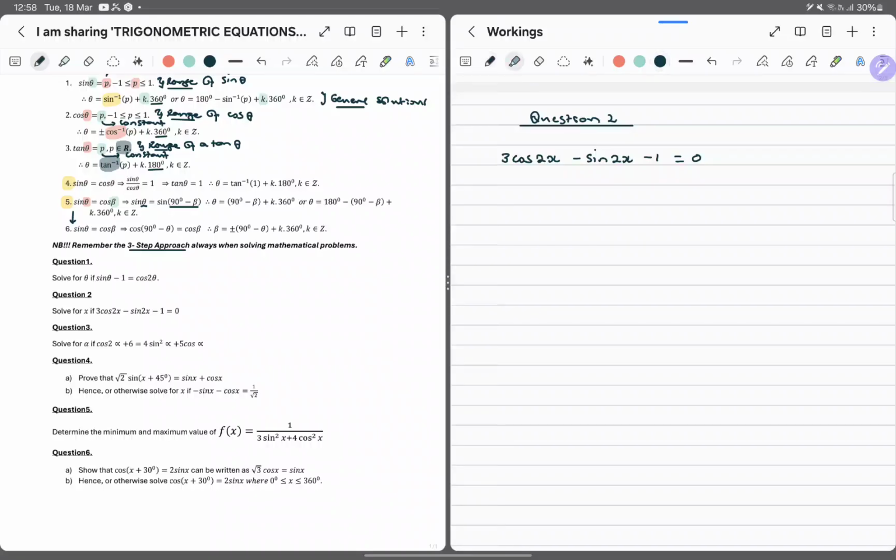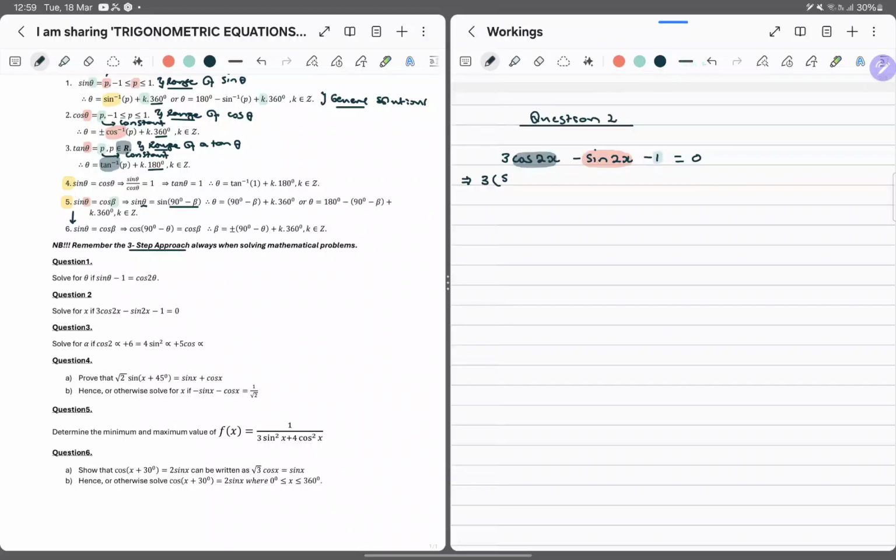Now there's 3 things to consider here: cos 2x, sine 2x as well as 1, not the negative 1, but 1 alone. Now this one is a bit tricky. Again, we know that on our 3-step approach, we have identities there. So identities are going to force us down the path of saying this is 3 into. Since this is going to decompose to both sine and cos, we might as well decompose this to both sine and cos.